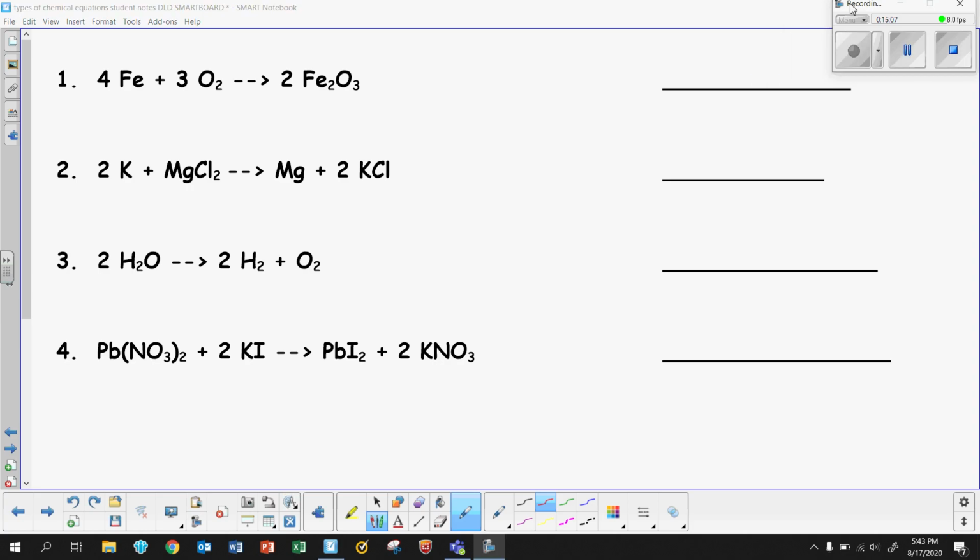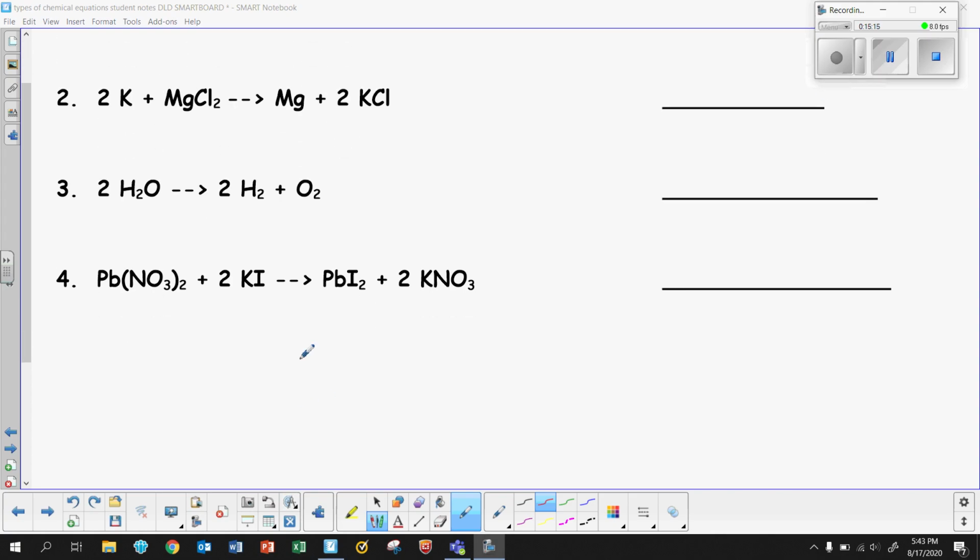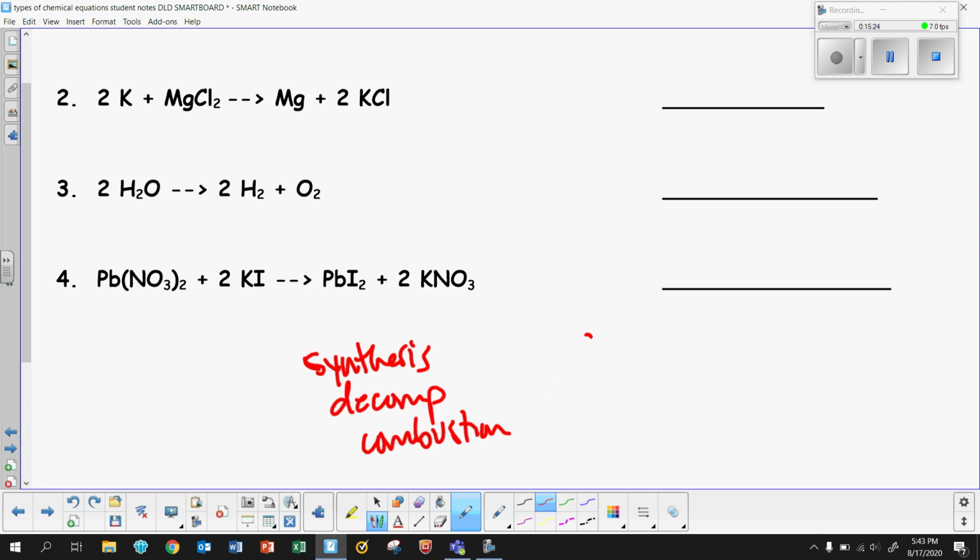All right, so what type of equation do we have here in number 1? Remember, the 5 types are synthesis, decomp, combustion, single displacement, and double displacement.